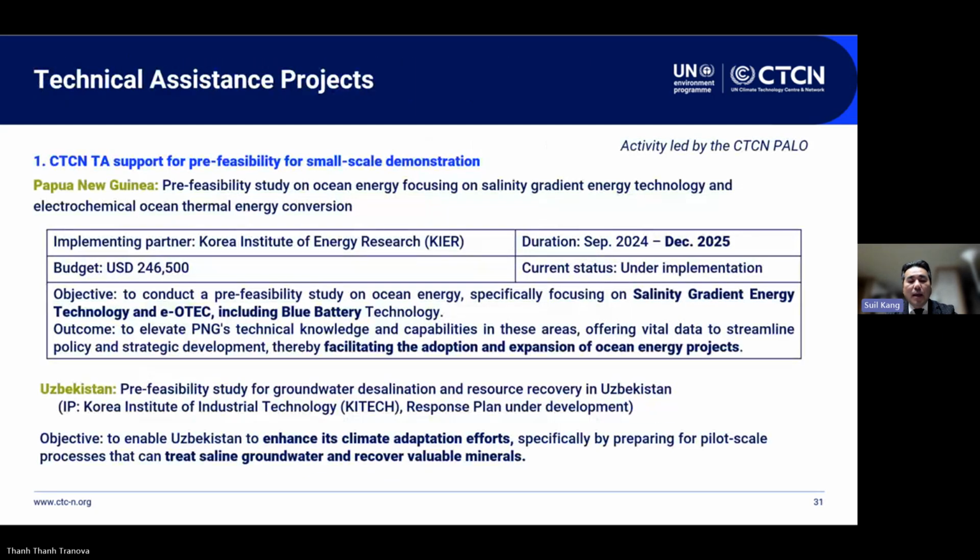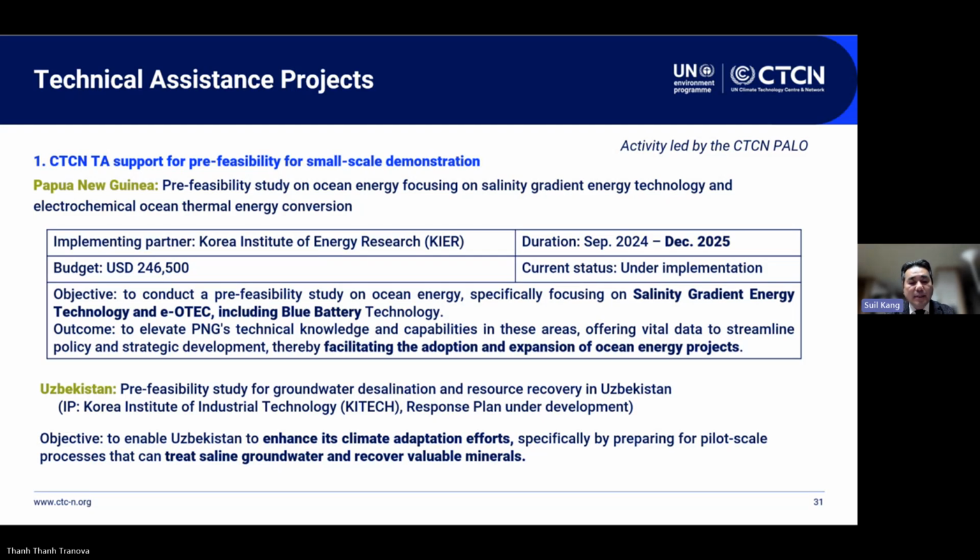Okay, next one, please. Through those steering group meetings, we finally identified 4 potential cRD&D TA projects. We have two different tracks.